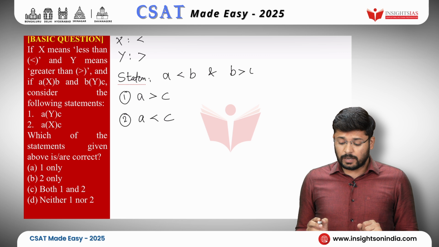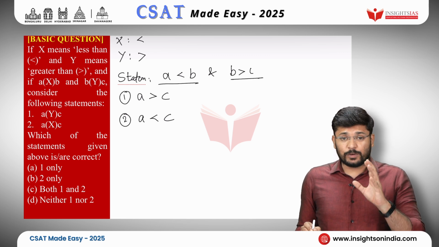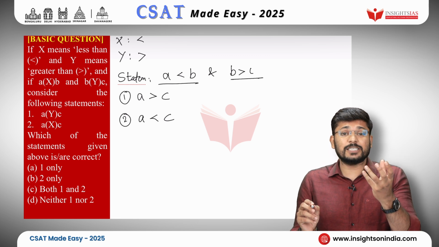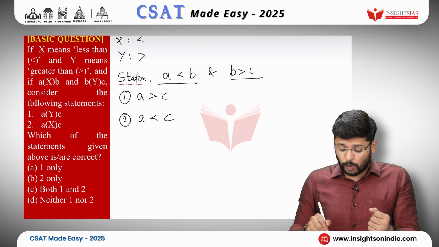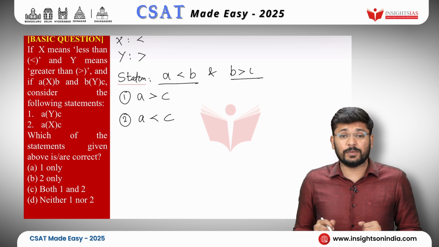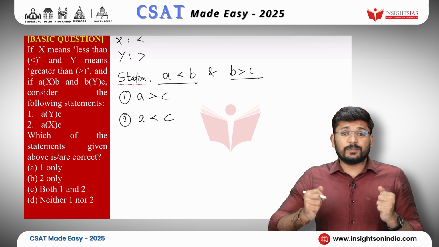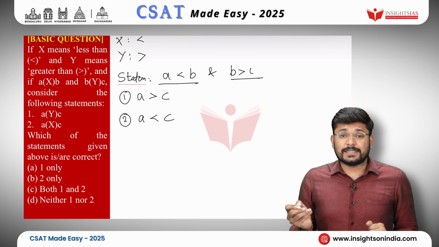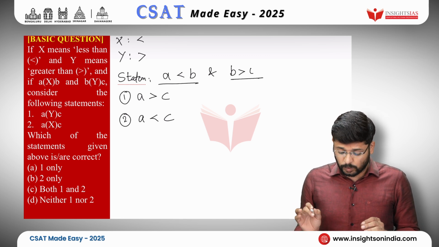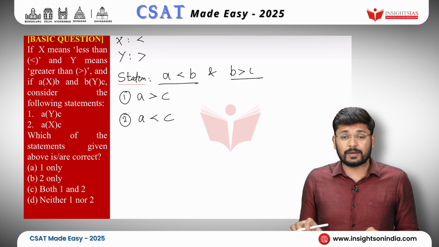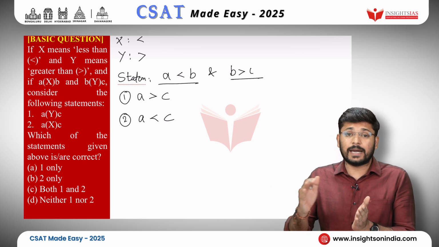How do we do this? In the conditions that they have given us, the relation is between A and B and B and C. However, in the options that they have given us, the statements which we need to evaluate, their relation is between A and C both the times. So, first we will express the given conditions in ascending order.